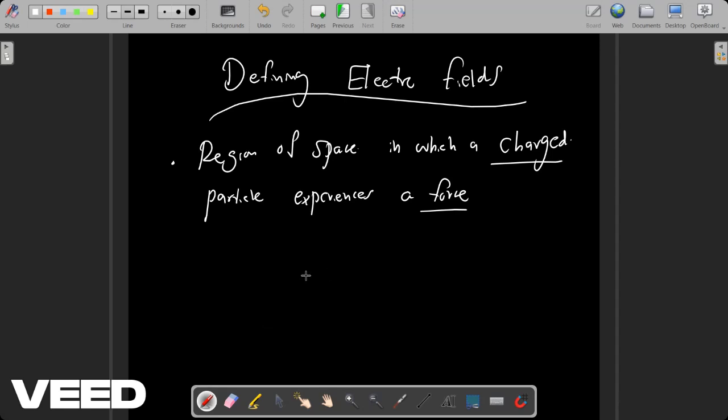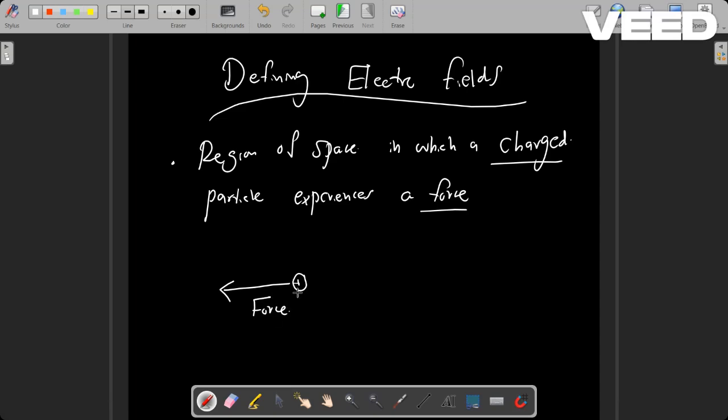Now, if you have a charged particle, let's say a positive particle, when it is in the space, for some reason, suddenly it is feeling an unbalanced force on it. So at the beginning, scientists didn't know what that force was, but they felt it. There's a force on this particle because it is charged, right?